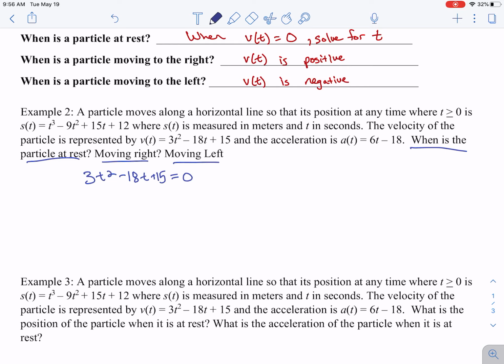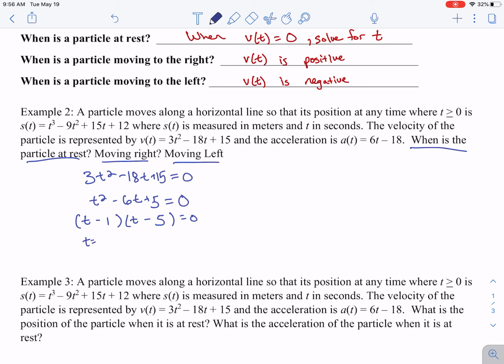So the easiest thing to do here is to factor. First off, I do notice that all of these are multiples of 3, so I can just divide everything by 3 to make my life a little bit easier for factoring. And then double bubble this. I think we're going to get minus 1 and minus 5, to get me my negative 6 in the middle and multiply to get 5.